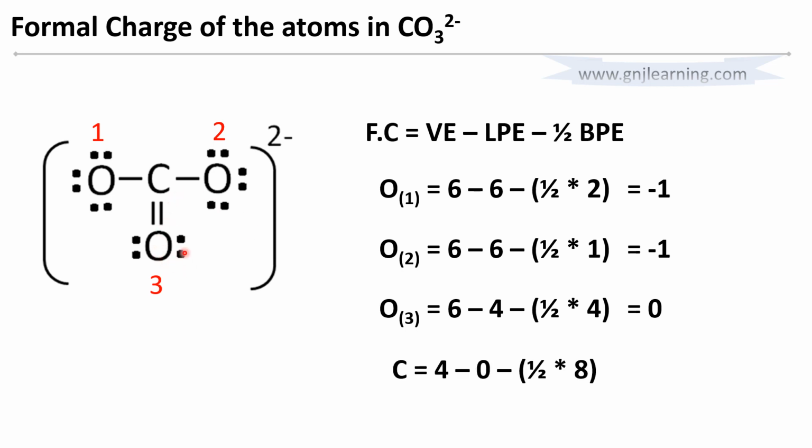And for carbon, you know that its valence is 4, and it does not have any lone pair surrounding it. It has all bond pair electrons, so half of 8, all its octet is bond paired, then 4 minus 4 is equal to 0. Clear? So what does this formal charge mean? In the case of the first oxygen, it has gained 1 electron.